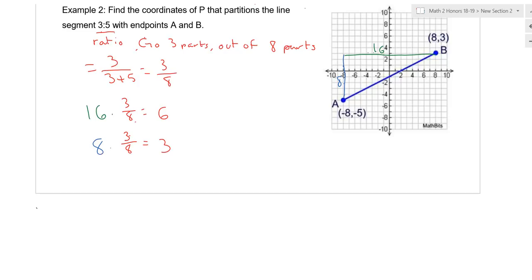So I want to go 3 up, 6 over. It does hit still on the line, so that makes sense. So our point is -2, -2.